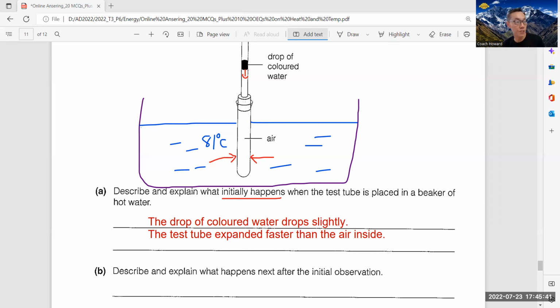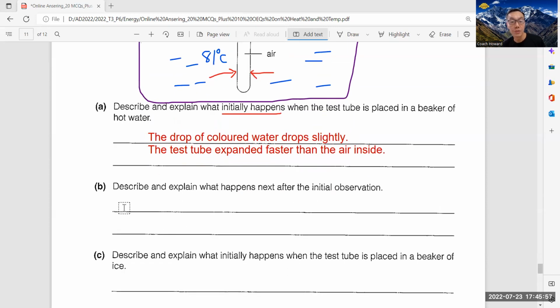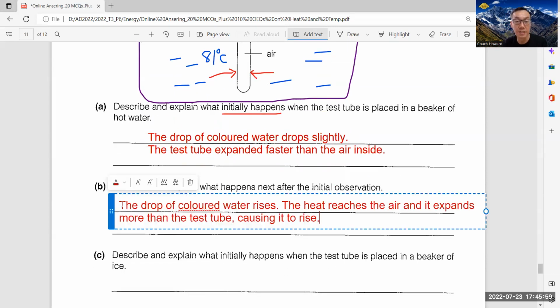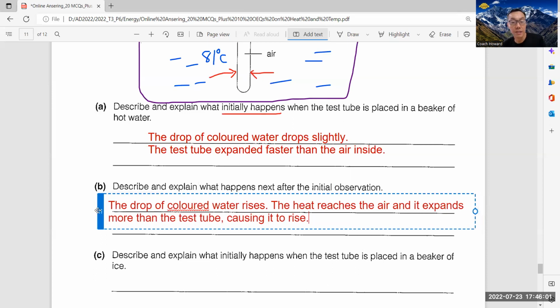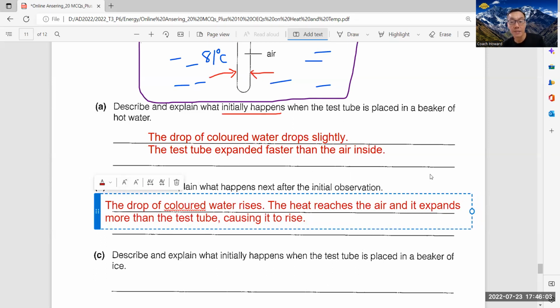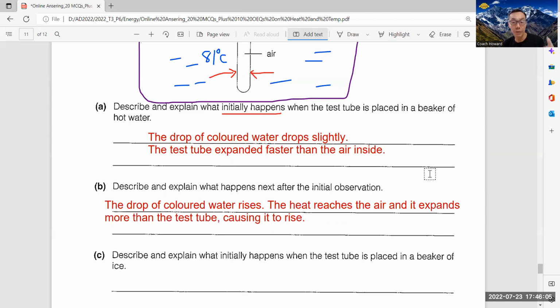That's why you see the next question, the colored water would rise. Okay, the drop of colored water would rise because the heat has reached the air and it caused it to expand more than the test tube. So Isabella, you asked me the right question. So this is the second part. So you mention the drop of colored water rises.